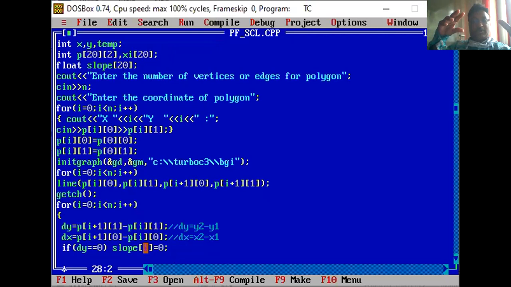So then what? Dy by dx. So dy having suppose one value, 1 divided by 0. So you can say if dx is equal to 0, that time slope of I, means that intersection point, you can consider as 0. Everybody understood?